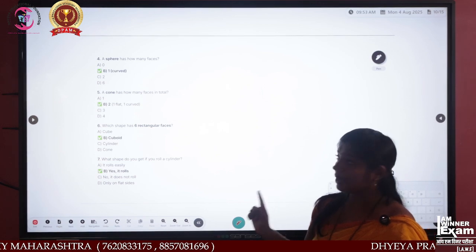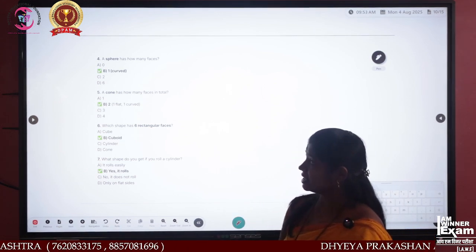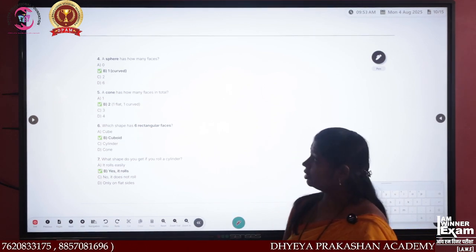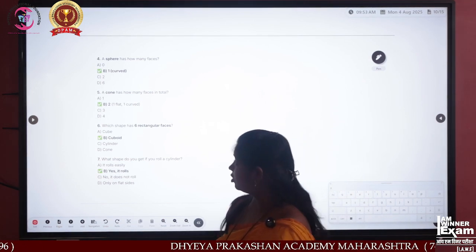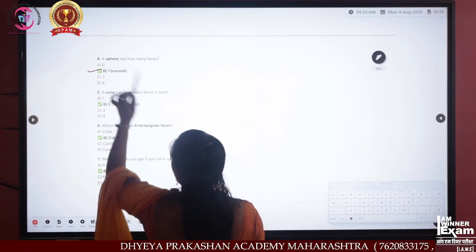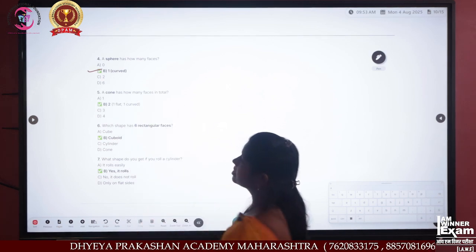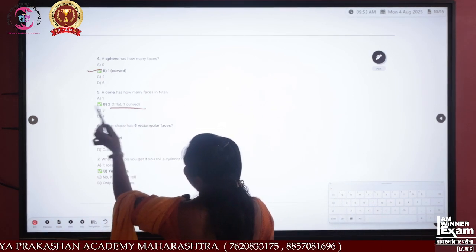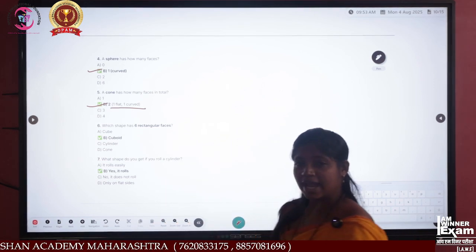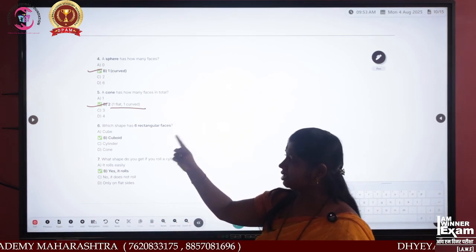A sphere has how many faces? Only one curved face. A cone has how many faces in total? One flat and one curved.